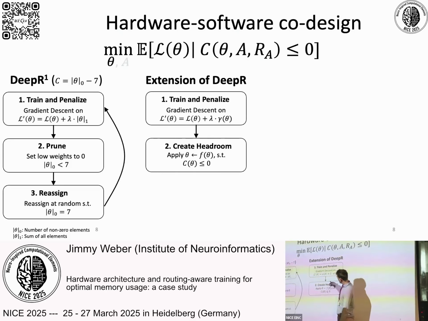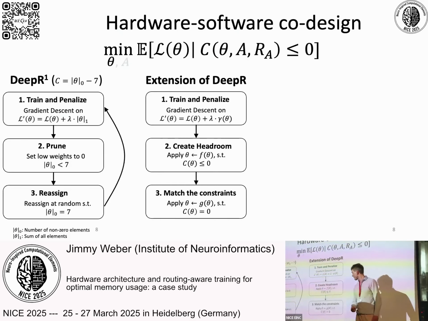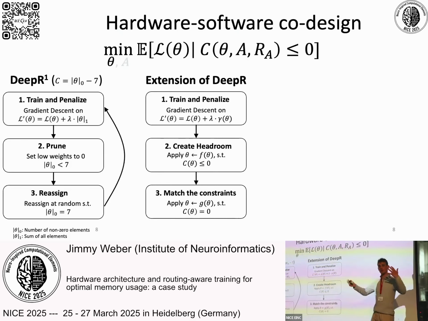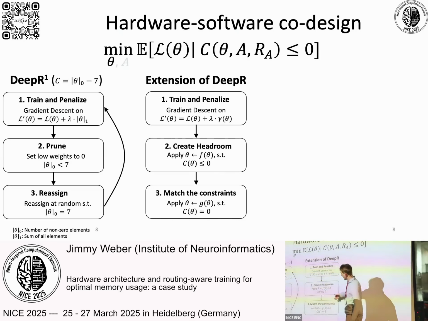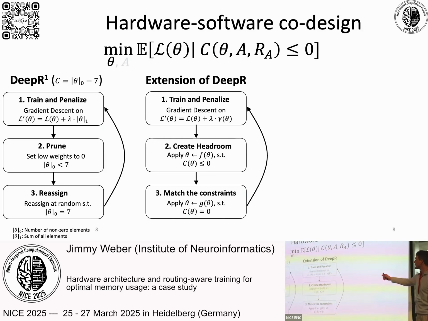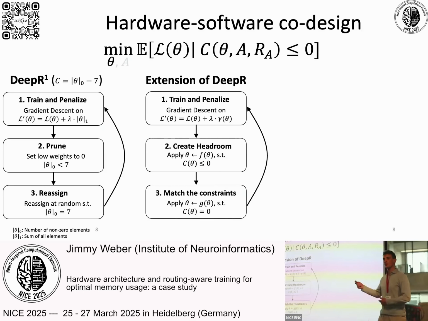So we apply a transformation of our set of weights so that the constraint is now below 0. And then, when we have some headroom to do dynamical search, we can apply another transformation in such a way that the constraint is now matching 0. And again, iterate. So we are again modifying our epoch step in our training step inside our backpropagation so that we can minimize the loss with respect to constraints.